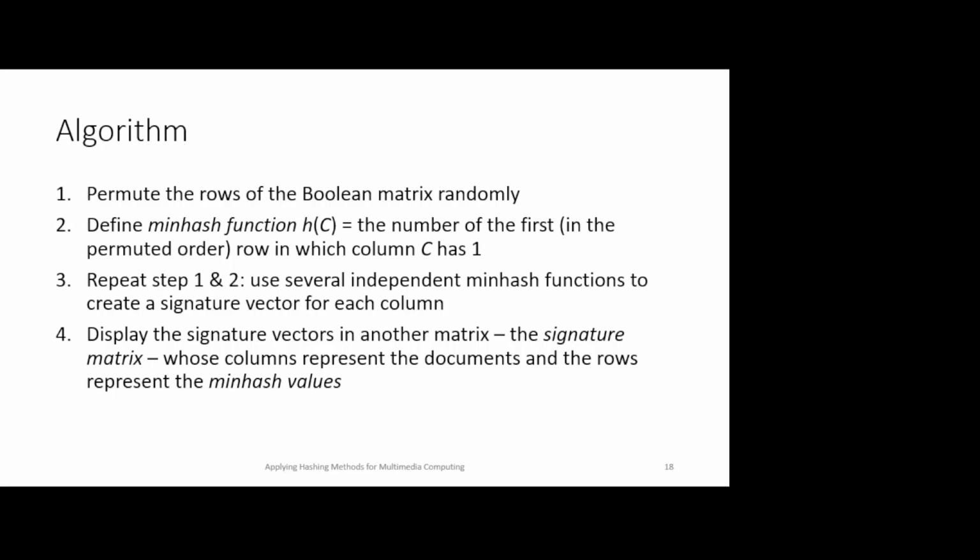Finally we generate the signature vector. Then we can compute the similarity between two documents just by using the signature vectors. This we call the mean hash.